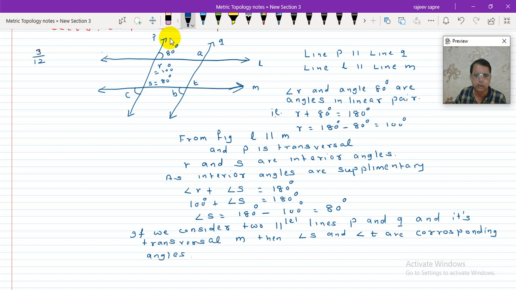Okay, now what do you know about corresponding angles? They are congruent, right?